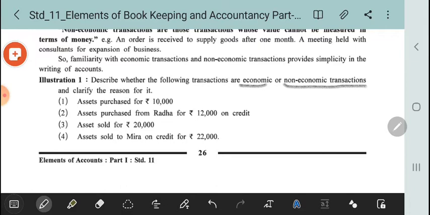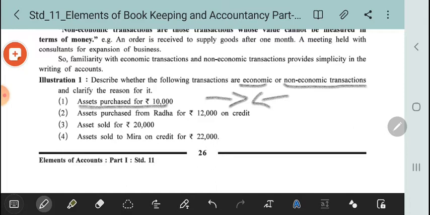In illustration 1, transaction number 1: asset purchased for rupees 10,000. We are purchasing an asset of 10,000. Very simple: if we purchase things, then cash will go out and the asset will come in.